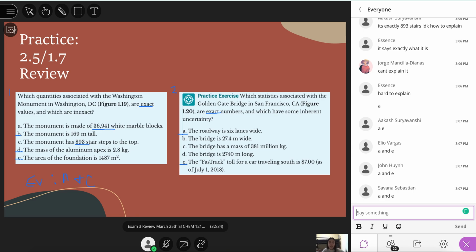Fast track toll. It counts the same as money. You can count money. And then the bridge, you can't count the bridge. I don't think any of you can go on a bridge and say, yep, that's 27.4 meters. People would look at you like you're on crack. And then the mass, no one can do that. So again, A and E are exact values because you can actually count those.